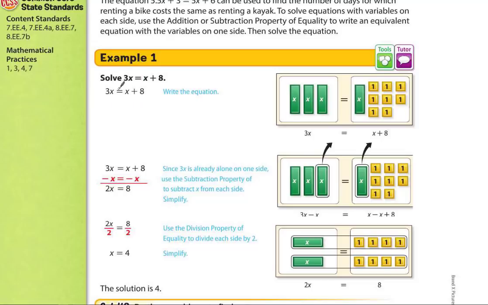And we go through exactly what we've done before. The first step is going to be get all the x's to one side. That's what we're doing in this step, is we're saying, what do we have to do so that only one side has x on it? Let me put my reflection line in just so I remember to do that. So step one, subtract the x's from the right side, and that means you also have to subtract an x from the left side.